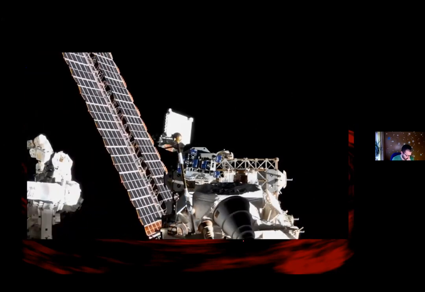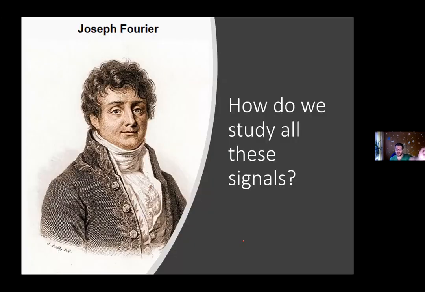So how do we study the signals that are coming from so far away and from a very small part of the sky? Well, we use something that is called Fourier transforms. I'm not going to talk about the technique itself, because that would be probably a couple of hours of discussing and trying to explain how this works.